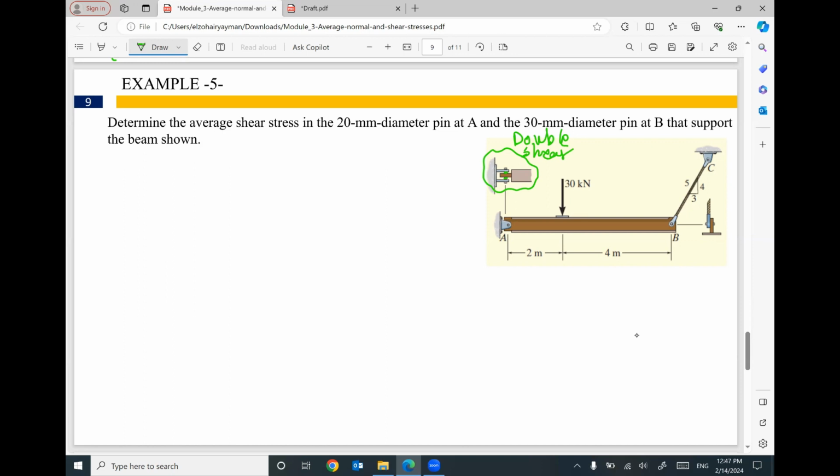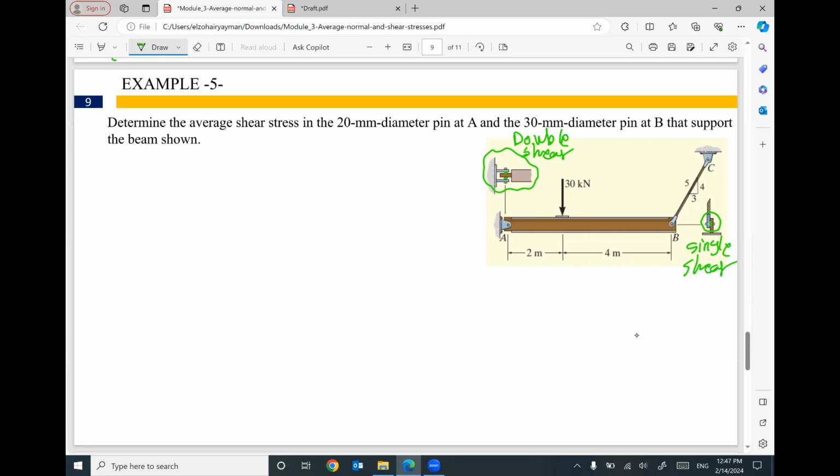If you look at the connection at B with this cable BC, this connection looks like we have only shearing at this contact between the two bars, so it will be single shear. This is the first note.